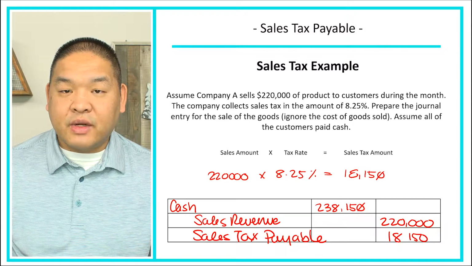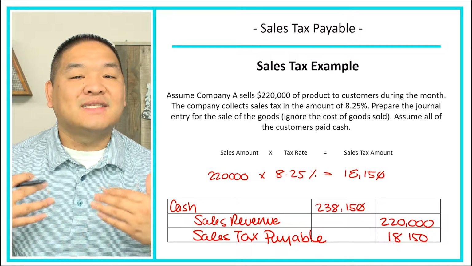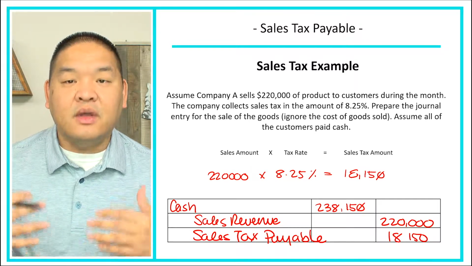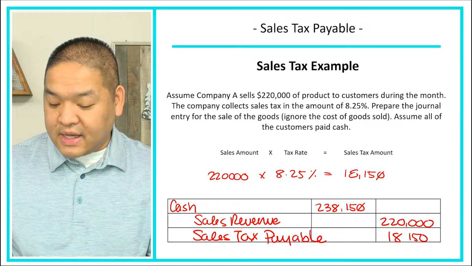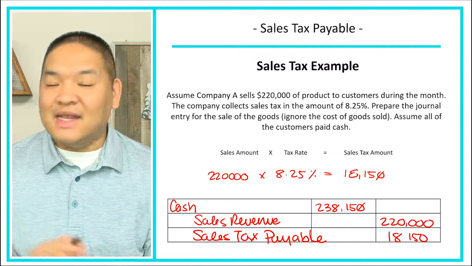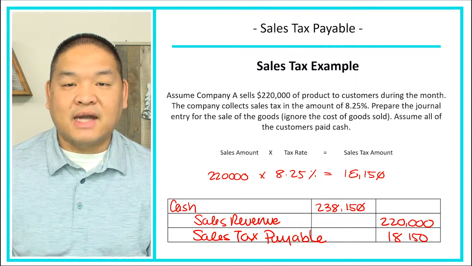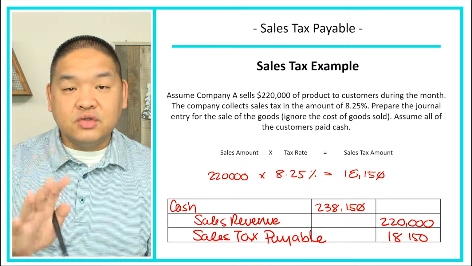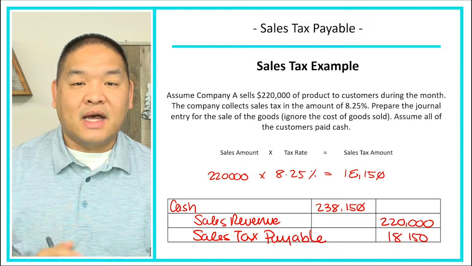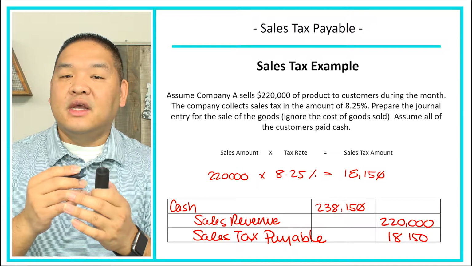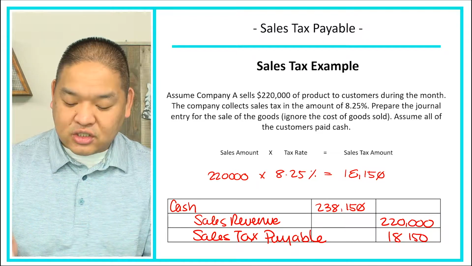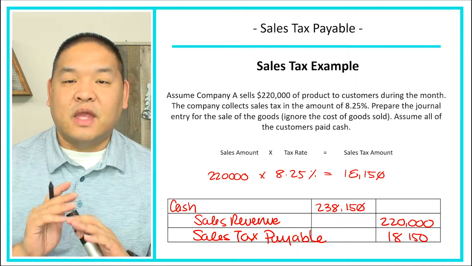We could do a separate entry, but most often you're collecting the sales tax at the same time you are collecting the revenue. So typically we book that all into one entry unless we don't collect any sales tax, then we wouldn't have a sales tax line. Only put a sales tax line if the problem or question says to do so. Otherwise, if there is no sales tax, then just put debit cash, credit sales revenue, and you are good.